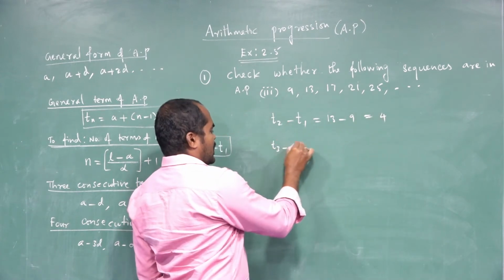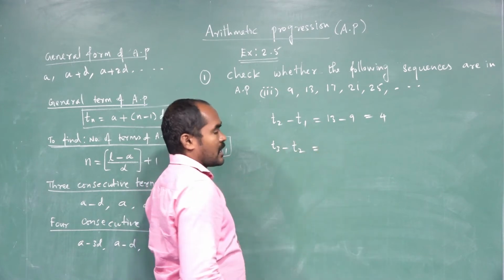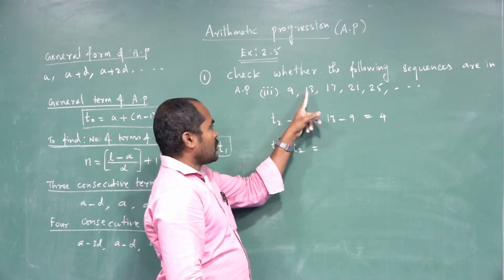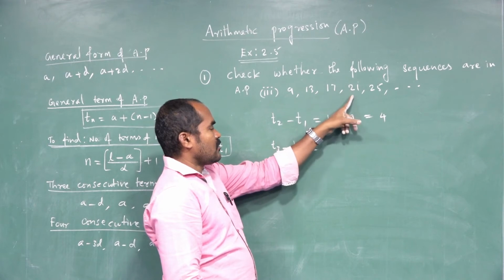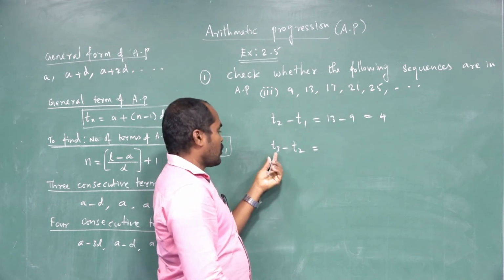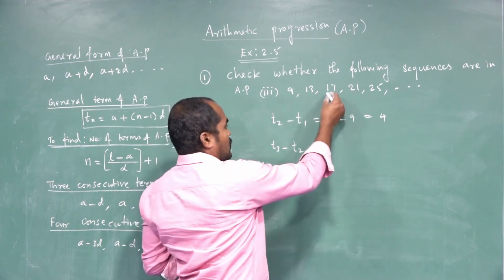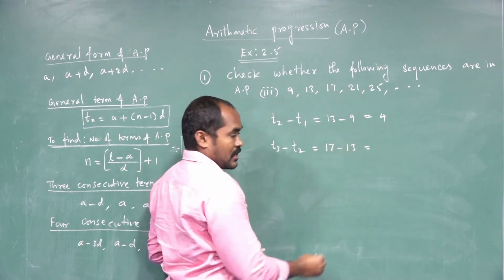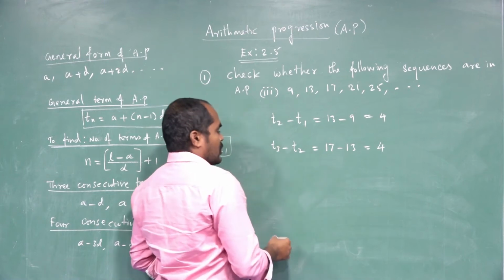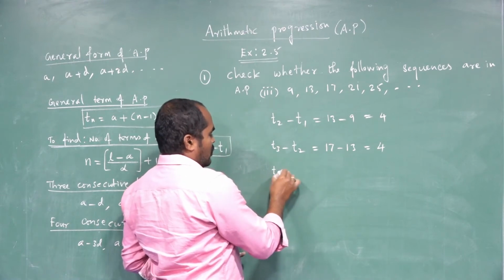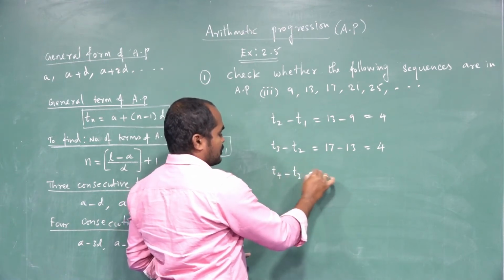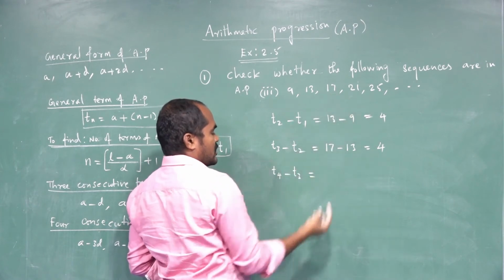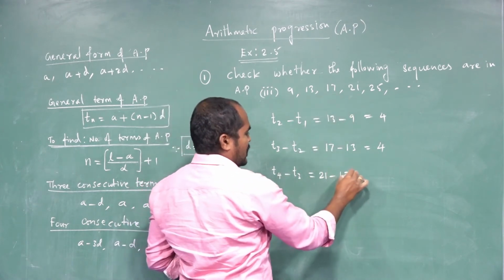And T3 minus T2. T1, T2, T3, T4, T5. So term 3 minus term 2: 17 minus 13. This is also 4. Check one more term, T4 minus T3: 21 minus 17.